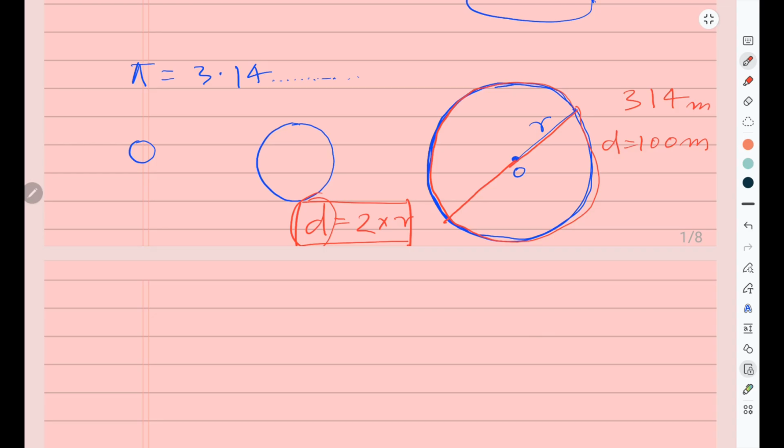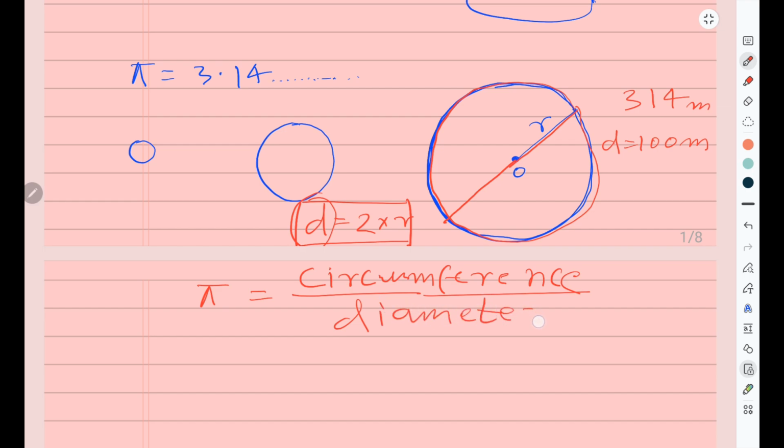The definition of pi is the ratio of circumference divided by its diameter. In this case, the circumference is around 314 meters and the diameter is 100.